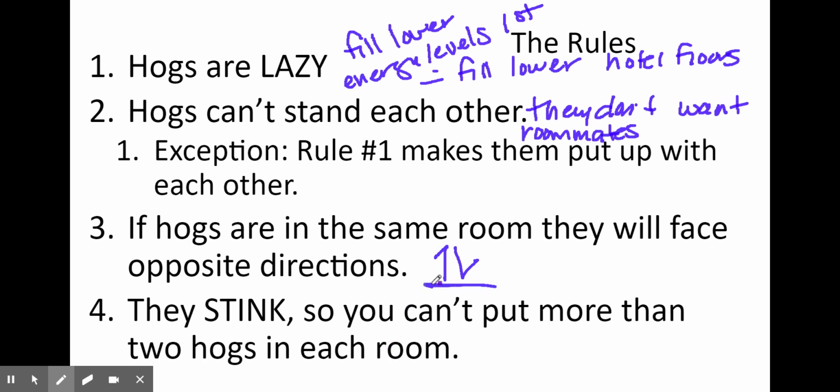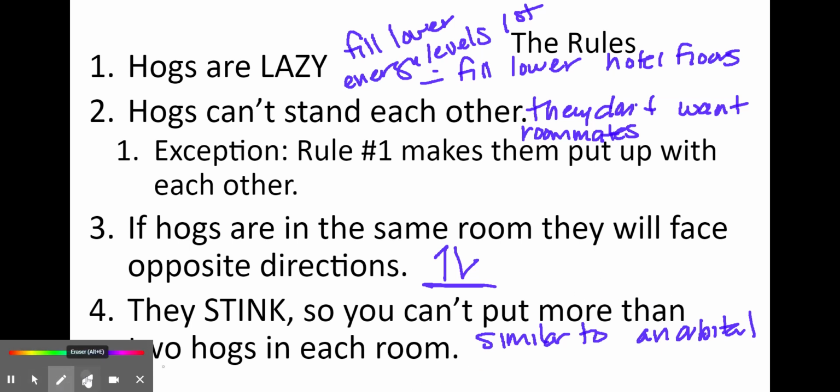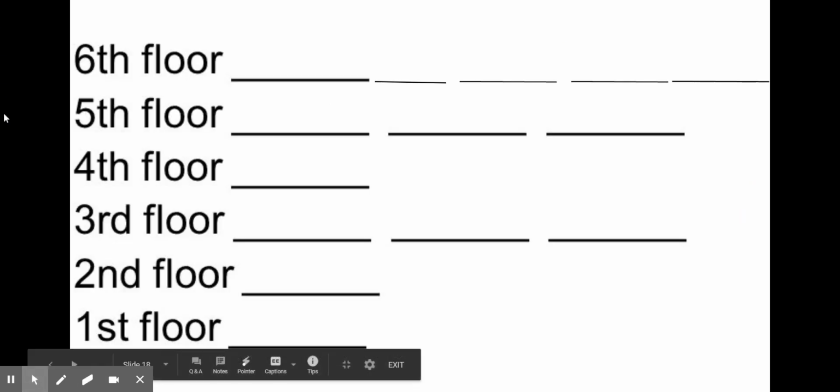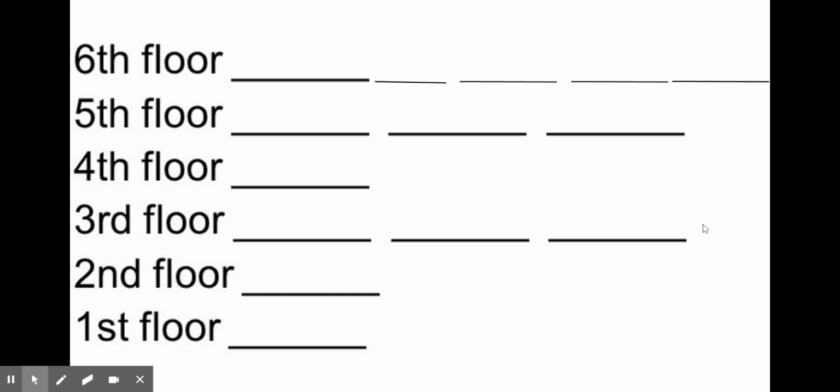So each room is similar to an orbital. Okay. No more than 2 electrons in an orbital, no more than 2 hogs in each hotel room. Okay. Your hotel will look similar to this. I'll give you a large one that you can move around.